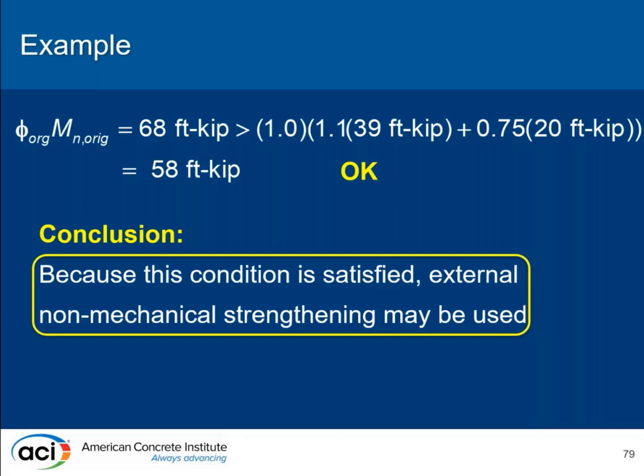And those two together combine to 58 foot kips. And so the capacity of the unreinforced member is greater than the capacity required to meet that reduced factor demand. And we'd say that this is okay. So because this condition is satisfied, external non-mechanical strengthening may be used.